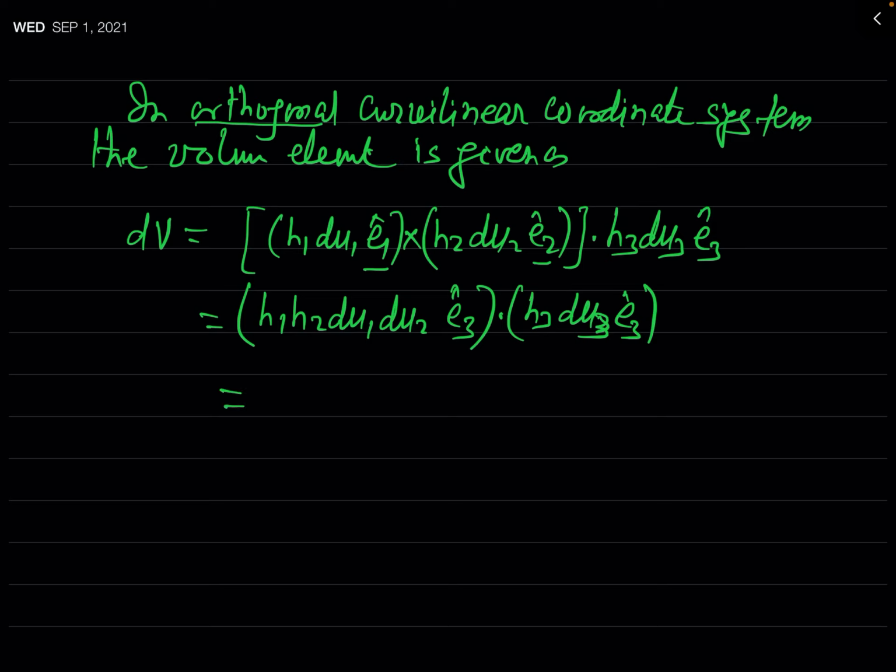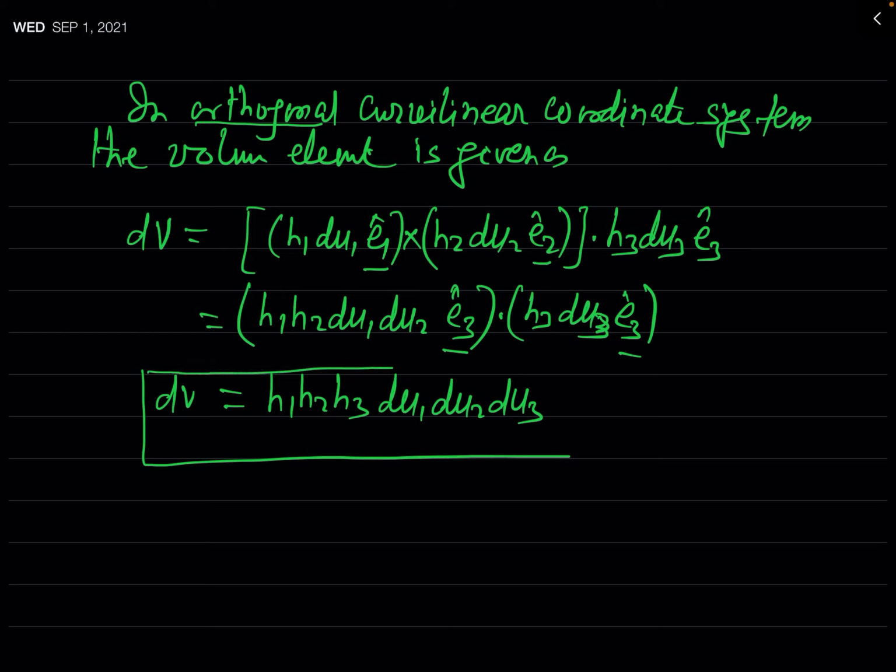So now e3 dot e3 will be equal to 1. So you can write this is equal to h1 h2 h3 du1 du2 du3. So this is actually the expression for the volume element in case of the orthogonal curvilinear coordinate system.